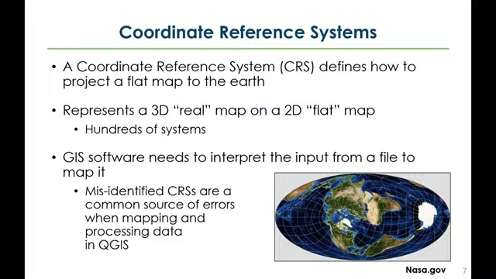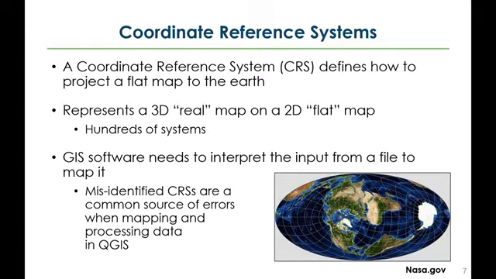GIS software needs to interpret the CRS input from a file in order to map it. If it doesn't do this correctly, it won't map it correctly. Like I mentioned, that's one of the major issues you'll see when you're just trying to get started with GIS, making all of those things match up.